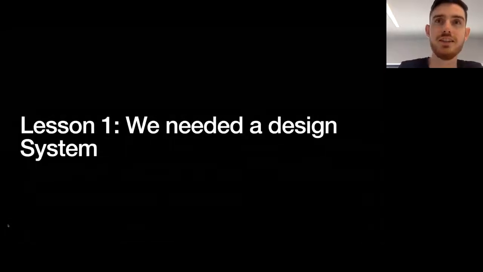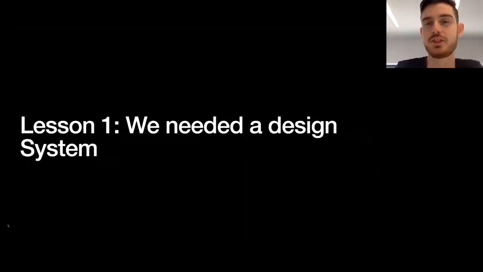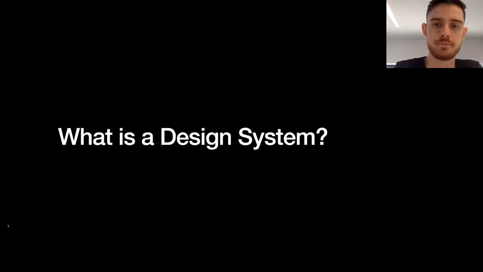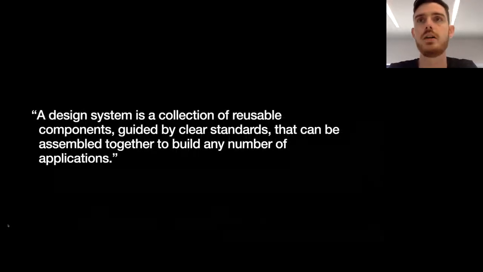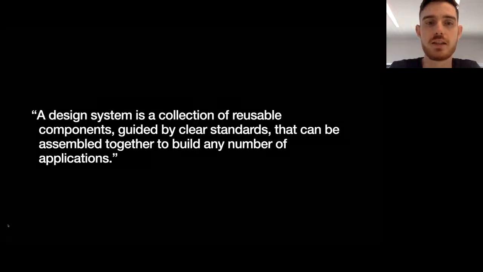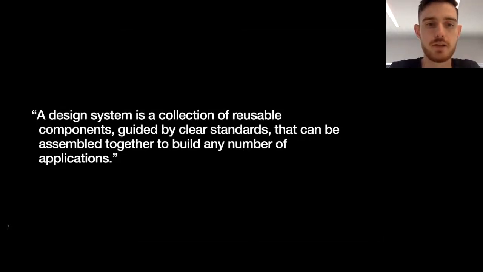The first thing, we needed a design system. So to be able to talk about that, we need to ask, what is a design system to start with? So a design system is a collection of reusable components guided by clear standards that can be assembled together to build any number of applications. That's quite a broad definition. This is one of the many quotes that I could find.